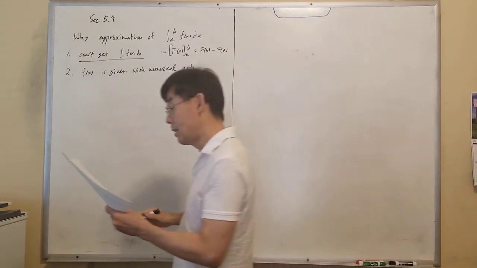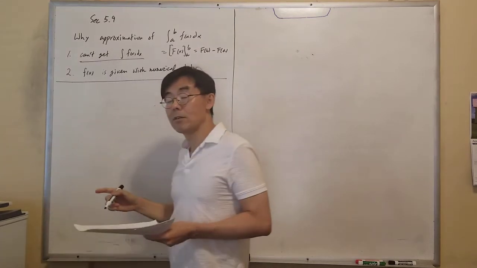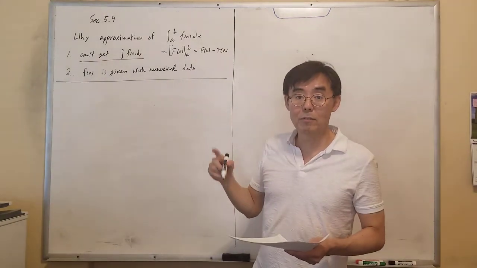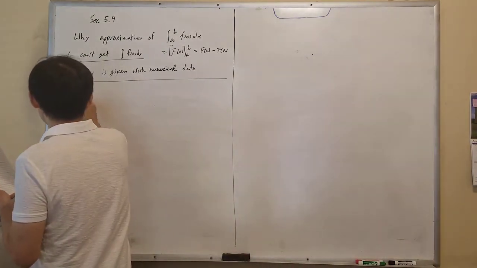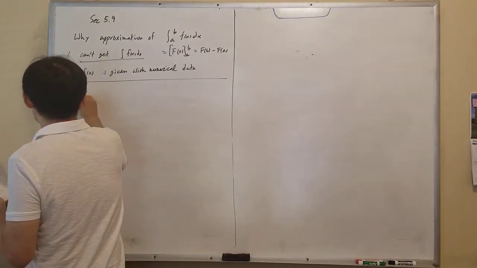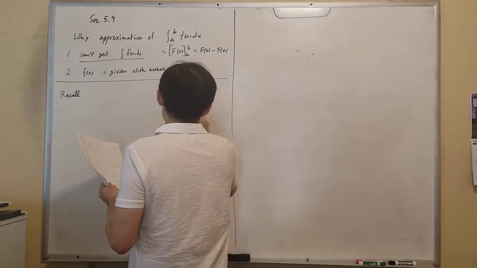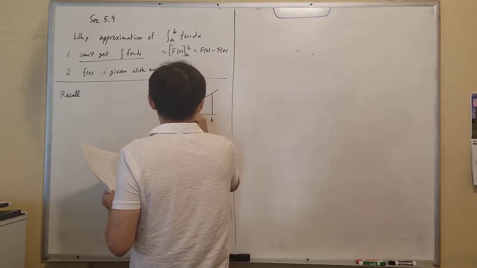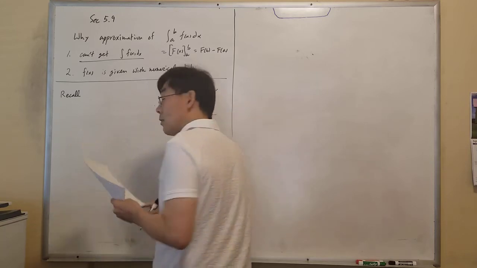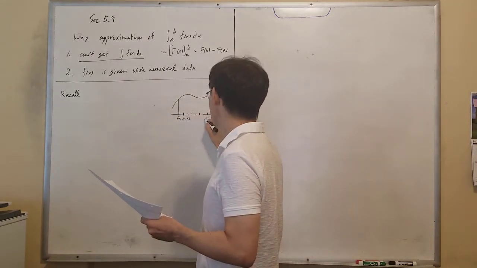Now, in order to think about various approximations, we have to go back to the very definition of the definite integral. So recall, when you have something like this, what we did was think about a uniform partition, x0, x1, x2, all the way to xn minus 1, xn.